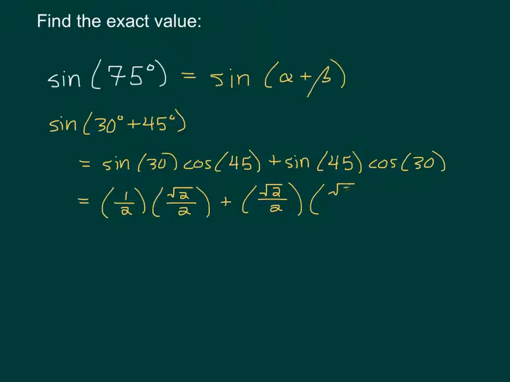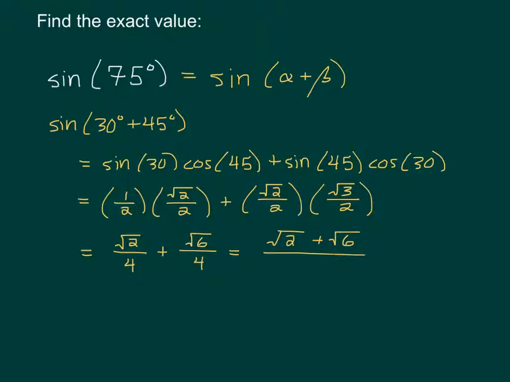Cosine of 30 is root 3 over 2. So we have root 2 over 4 plus root 6 over 4, which we can combine into one fraction as root 2 plus root 6 all over 4. The nice part is that these answers are always going to be some combination of root 2 or negative root 2, root 6 or negative root 6, all over 4.